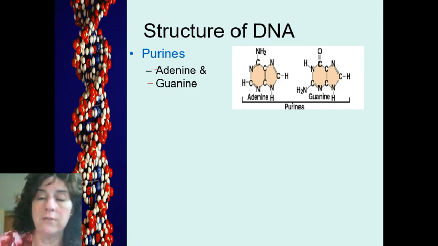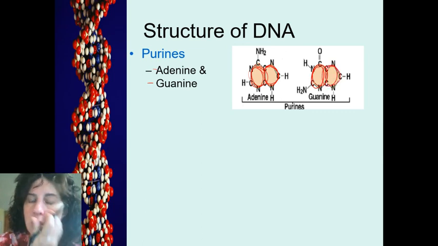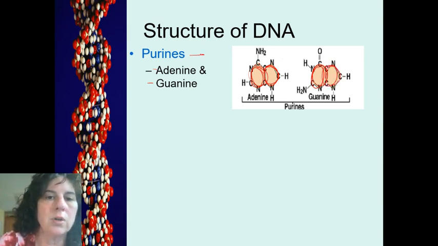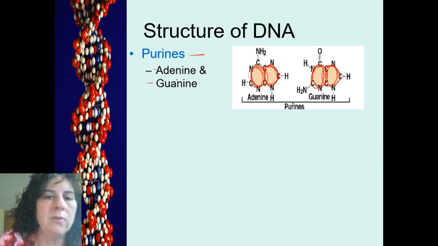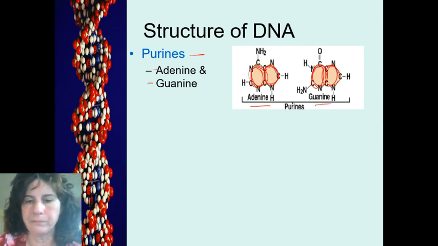And we can have different chemicals. You can have what we call a two-ring structure. If you look here, this is a ring and this is a ring, and they're bound together. That's a two-ring structure. This one is a ring and that's a ring. These two-ring structures are referred to as purines. Two of our nitrogen bases fall in this group, adenine and guanine.